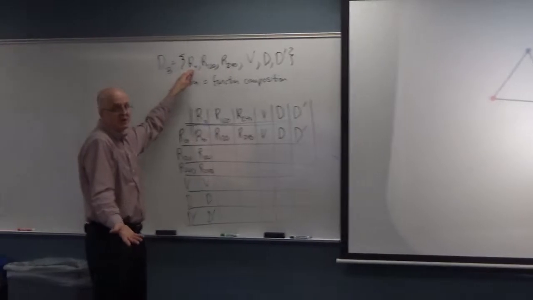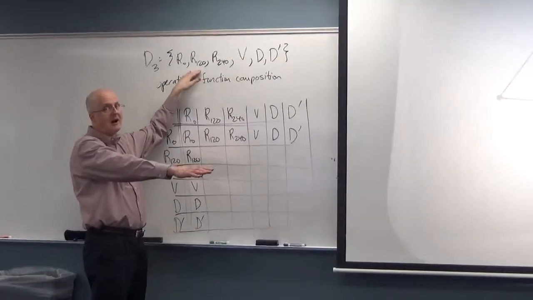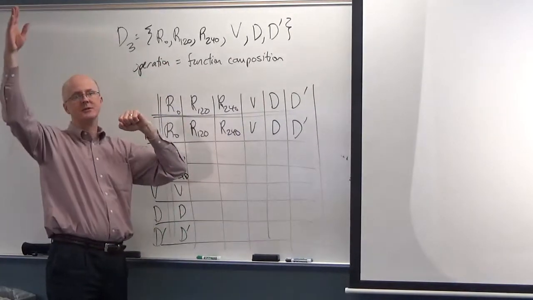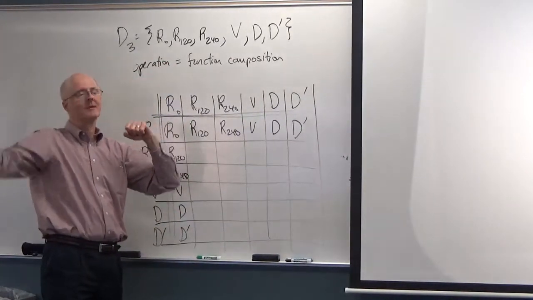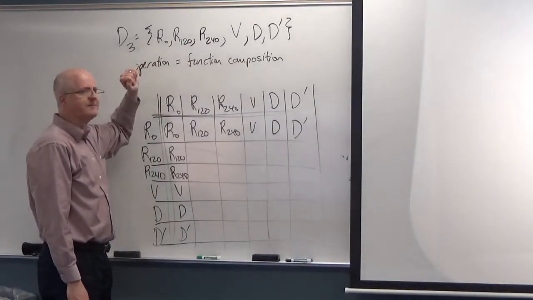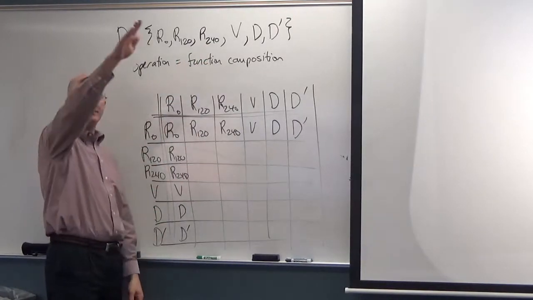R0 is no rotation, no motion at all. R120 is a rotation counterclockwise, which is the convention we will use, by 120 degrees, 2 pi over 3 radians. R240 is a rotation counterclockwise by 240 degrees.